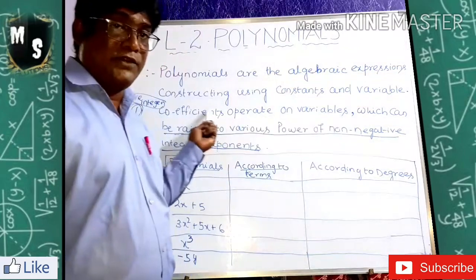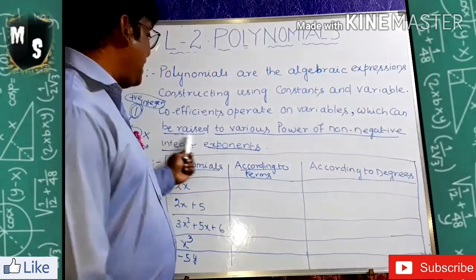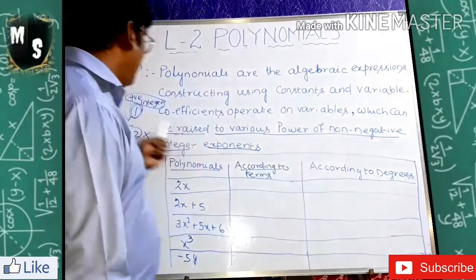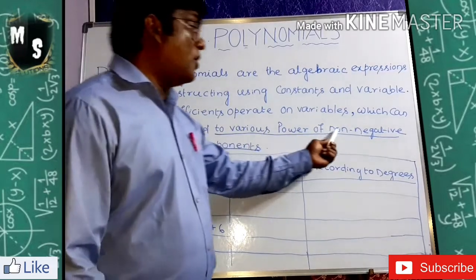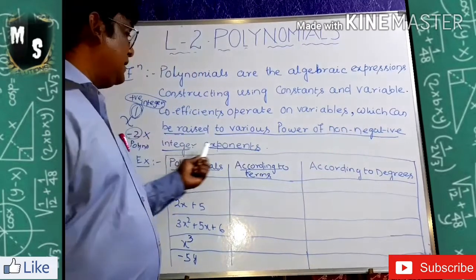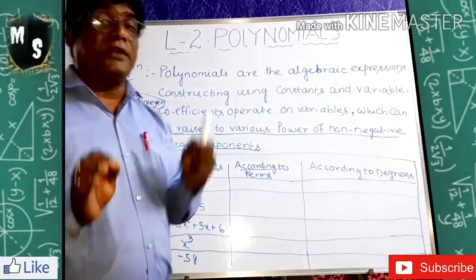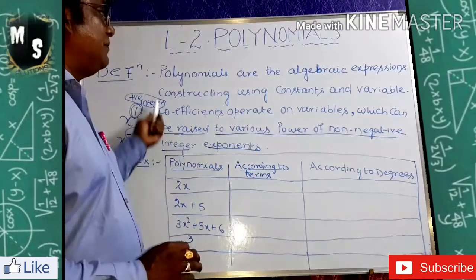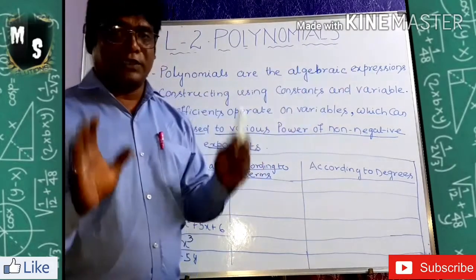This one I will explain to you later. And the variable power can be raised to a non-negative integer exponent, or it should be a non-negative power. Then only that expression can be called a polynomial. I hope you understood it.